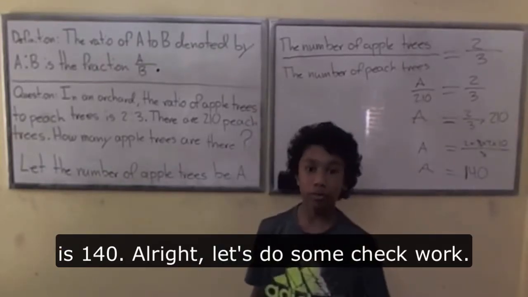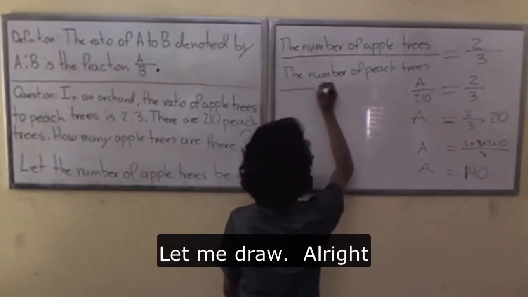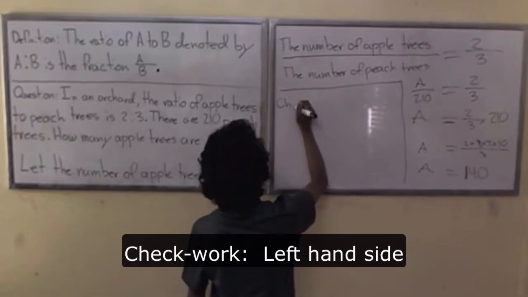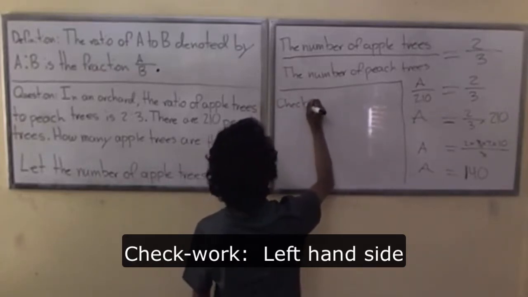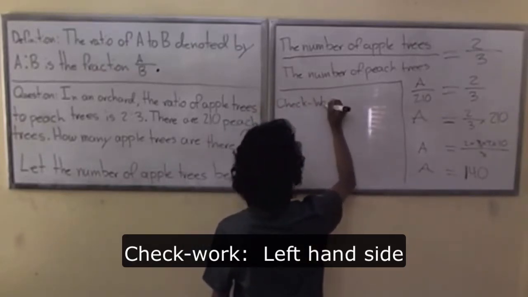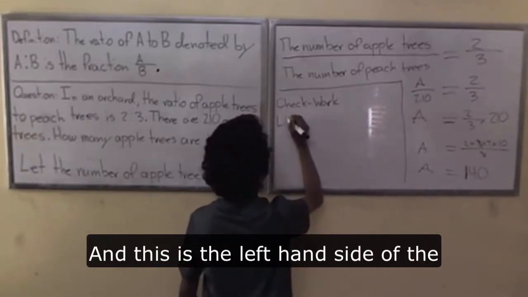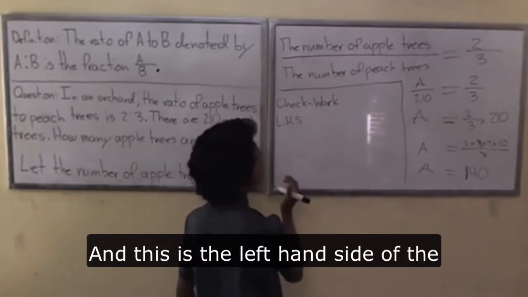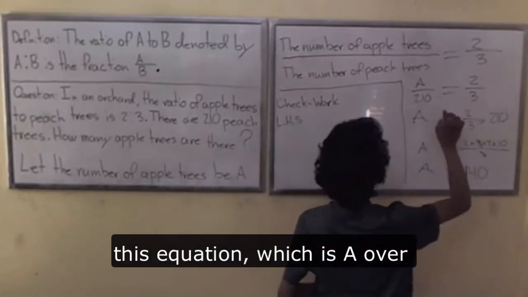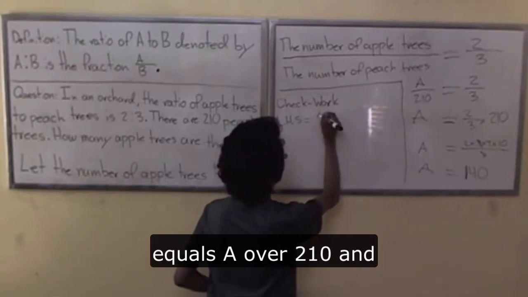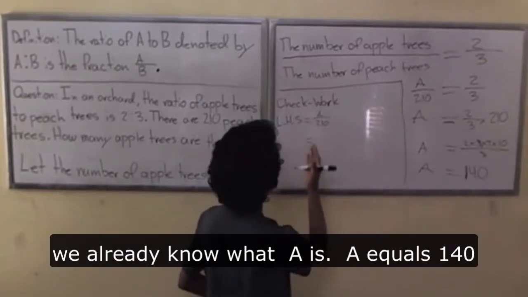Alright, let's do some check work. Left-hand side. This is the left-hand side of this equation, which is A over 210. And we already know what A is.